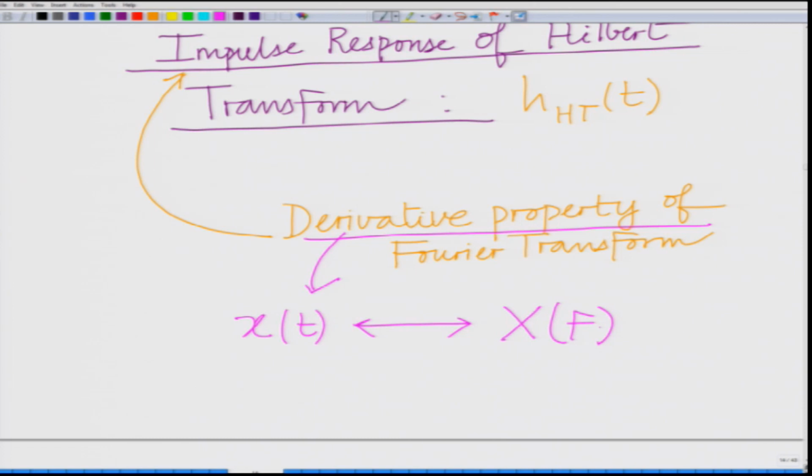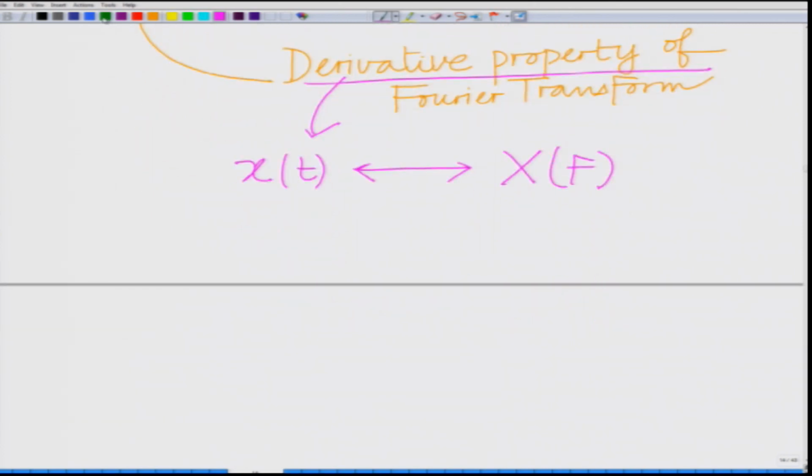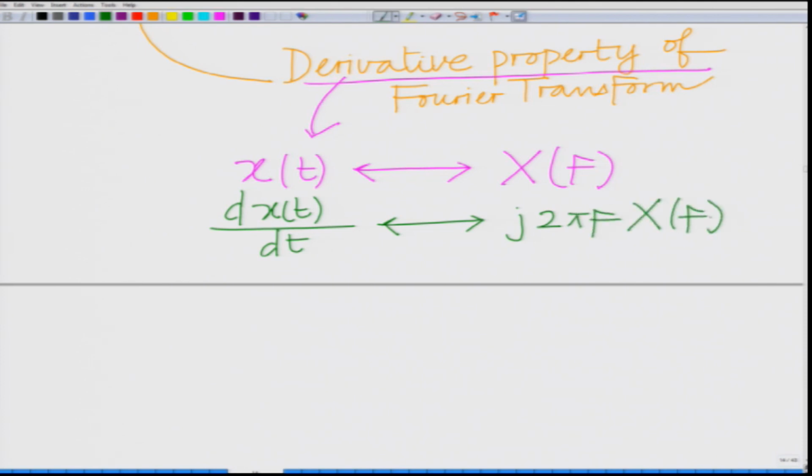Then the Fourier transform of the signal, that is the derivative of x t, dx t by dt, is given by j 2 pi f times x of f. So, this is the Fourier transform of the derivative of x.